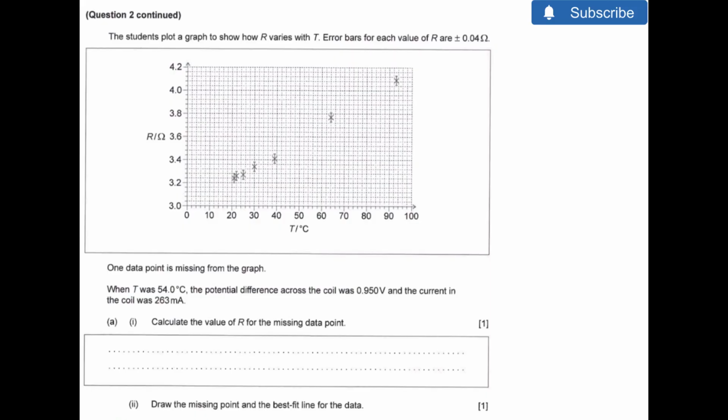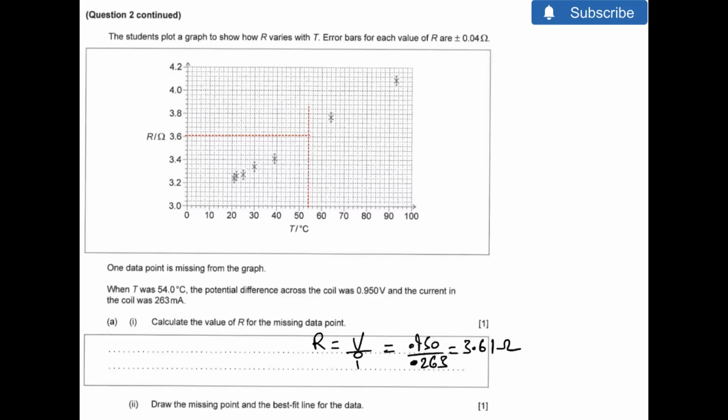So we can obviously say that R will be equal to V by I, where V is 0.950, and in amperes I is 0.263. So it is approximately 3.61 ohms. This is the value of resistance calculated from the missing data point.